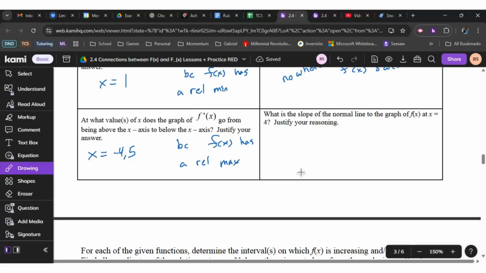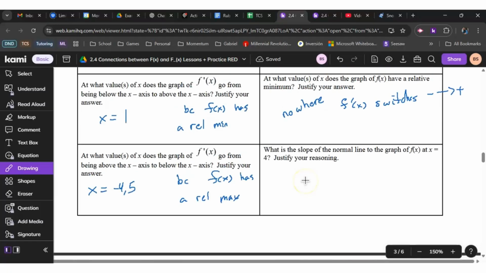Okay, so what is the slope of the normal line to the graph of f of x at x equals 4? Not the equation of the normal line, I just want the slope. So what do I need first? I need f prime of 4 because that will tell me what the slope is, and then I can use that to find the normal. It is -2.